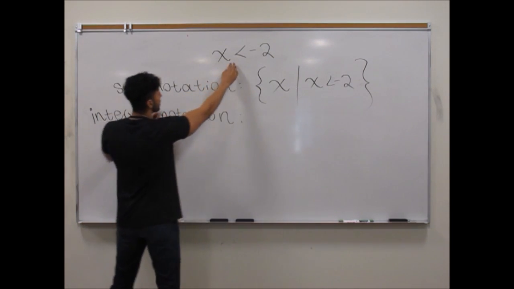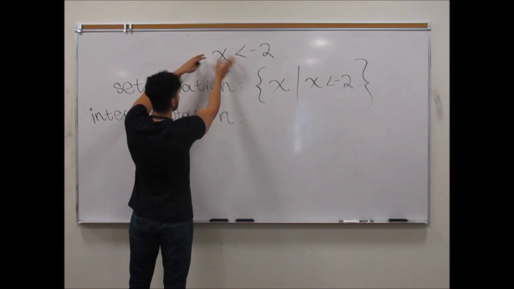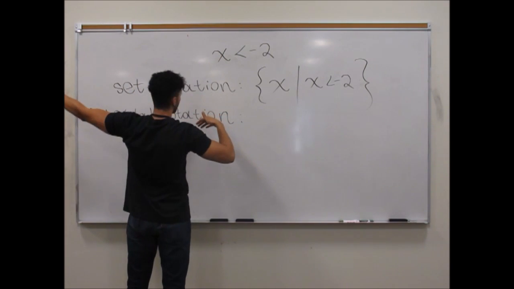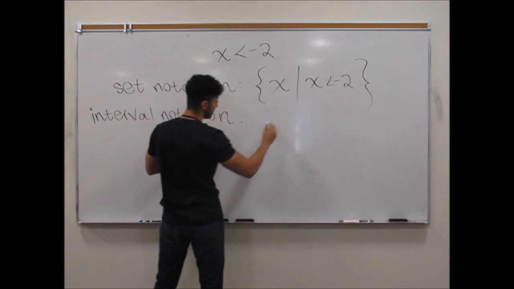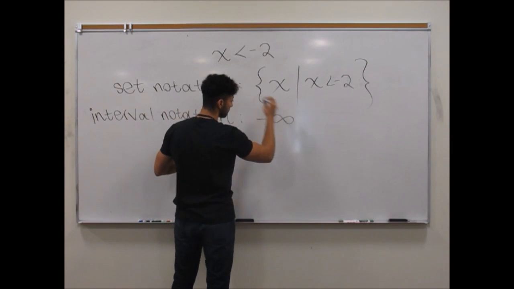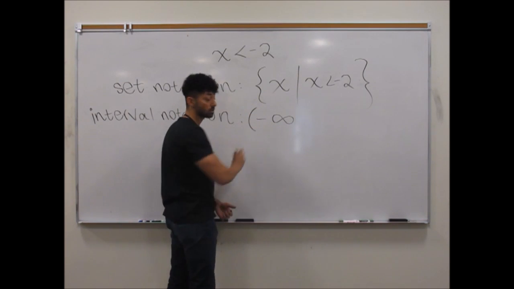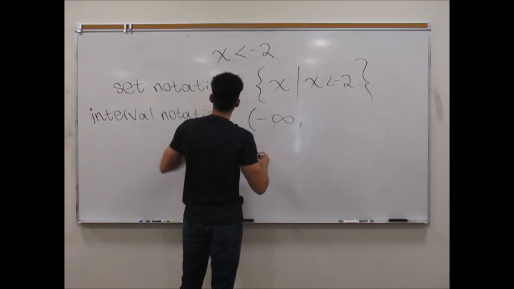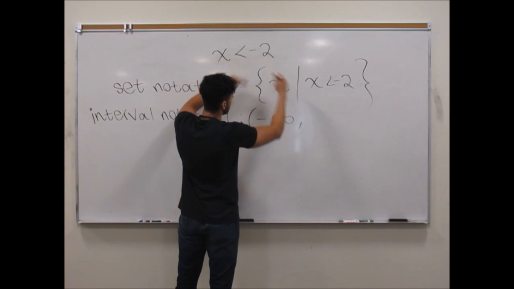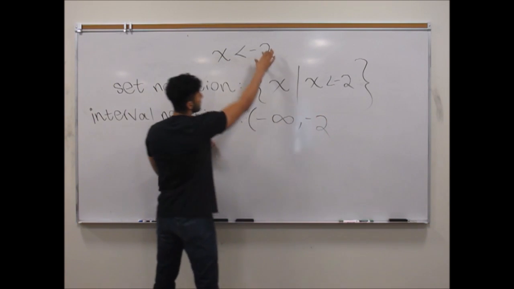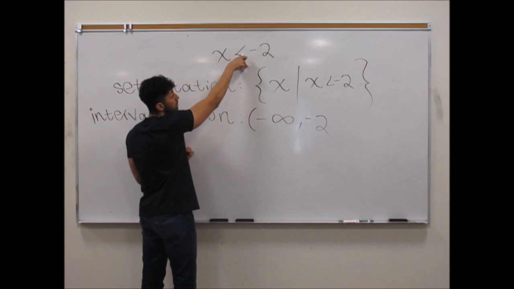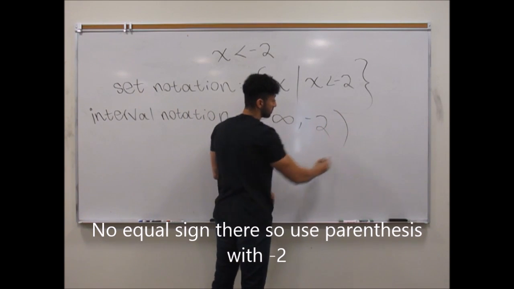So this is saying x is less than -2, so the smallest value I could have coming in is -infinity, and we never include infinity, so we always just put parentheses on them. So we come in from -infinity and we stop at -2, and -2 is not included, so we use parentheses for that.